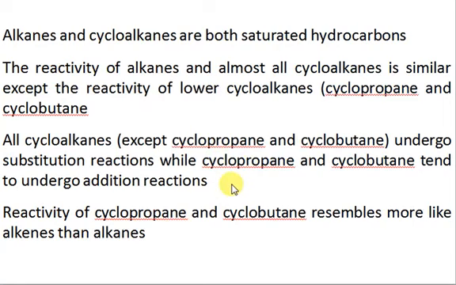You have seen the addition reactions of cyclopropane with bromine, and you have seen the addition reactions of cyclobutane with bromine as well and some other reagents. Whenever cyclopropane and cyclobutane undergo addition reactions, they tend to form open chain compounds, right? Just like alkenes undergo addition reactions, cyclopropane and cyclobutane also undergo addition reactions.